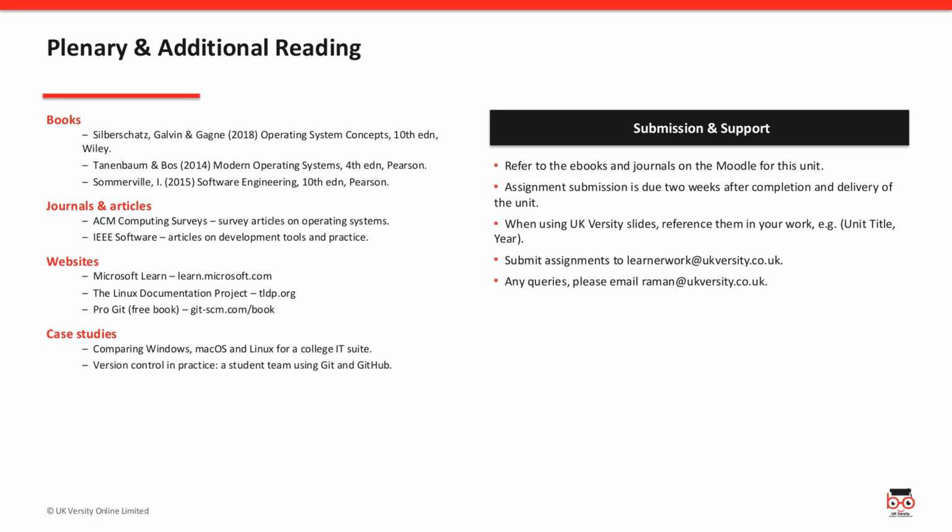You'll also find friendly online resources, including Microsoft Learn, the Linux documentation, and a free book on Git, plus case studies comparing operating systems and following a student team using version control. Do explore the ebooks and journals on Moodle, as they'll reinforce these ideas and support your assignment.